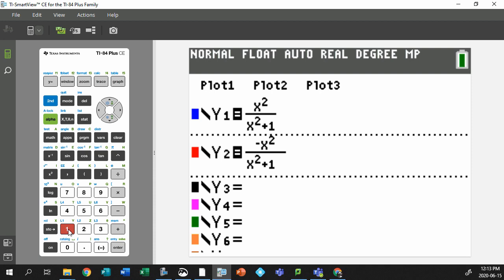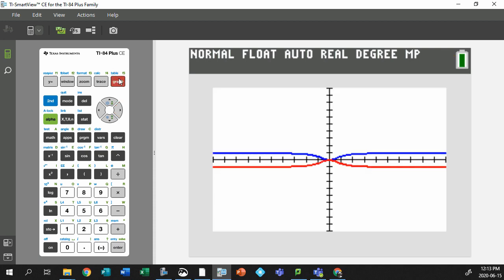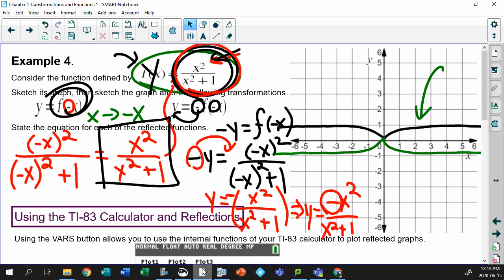Okay, keep our fingers crossed that this does a vertical reflection like we planned. Okay, ready? Here we go. Oh, it did. Oh my goodness, there's our vertical reflection. Wow, look how that turned out. How beautiful is that? Exactly as we predicted.